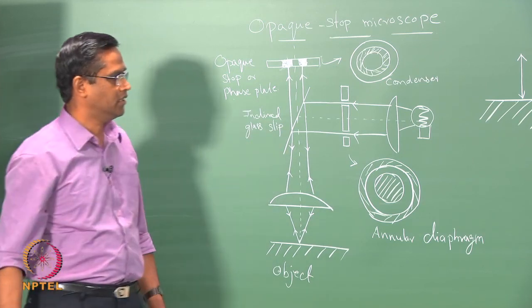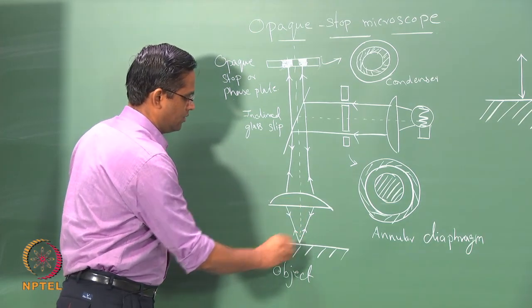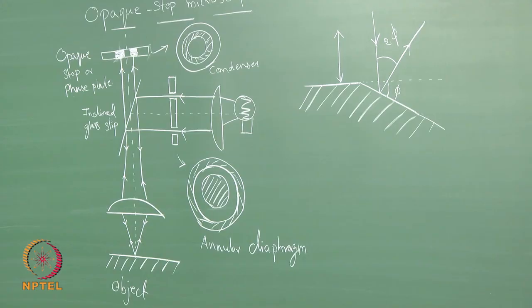So, it has been discussed in this lesson. So, now we will move on to the phase contrast microscopy, very interesting technique, and then you should ask why you need a phase contrast microscopy.